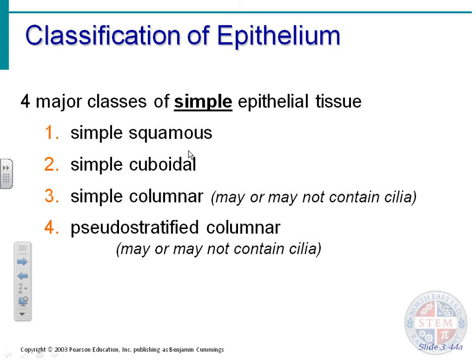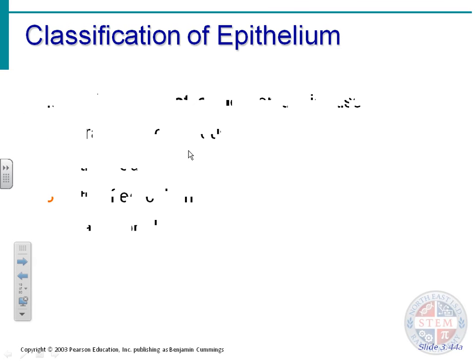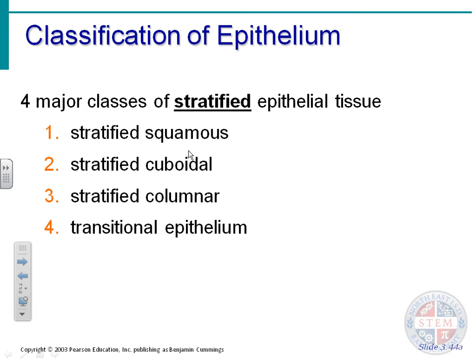It looks as if it is stratified, but when you look closely, it's a single layer of irregular columnar cells, and each cell is actually attached to the basement membrane. You find that a lot within the trachea. So you have pseudostratified ciliated epithelium, which is found in the trachea.